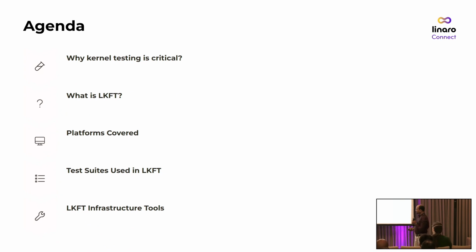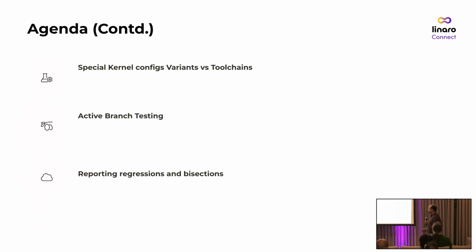We'll talk about infrastructure. In the previous session, Senthil mentioned how TuxSuite and TuxMake have been helping the LKFT project. That's tremendous, because we are doing parallel testing in the cloud, which helps LKFT at scale. Then special kernels.